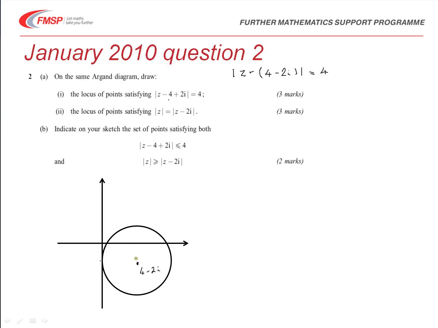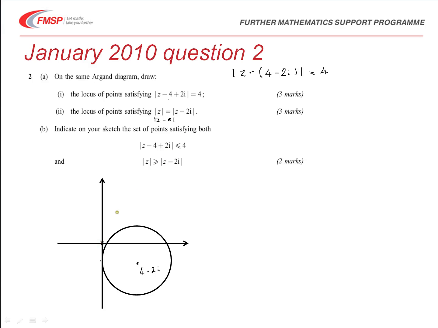Okay, having got that circle, the next part then asks us to draw the locus of points which satisfy the modulus of z equals the modulus of z minus 2i. Well, we can think of that as z minus 0 on the left hand side. So one of our fixed points is 0.